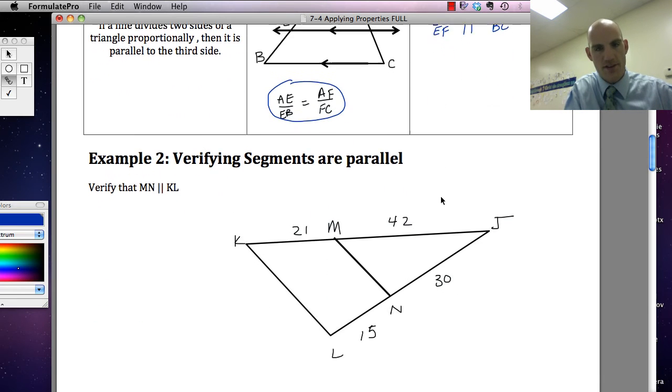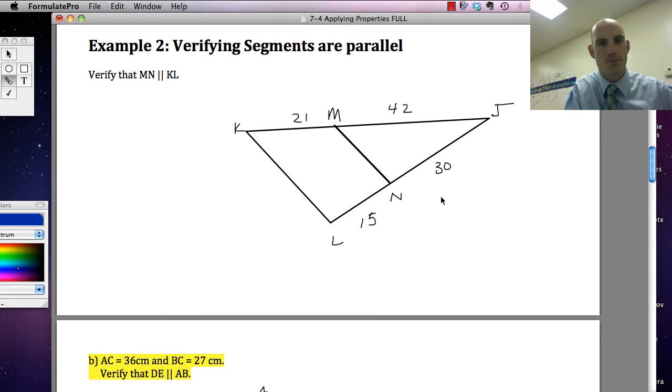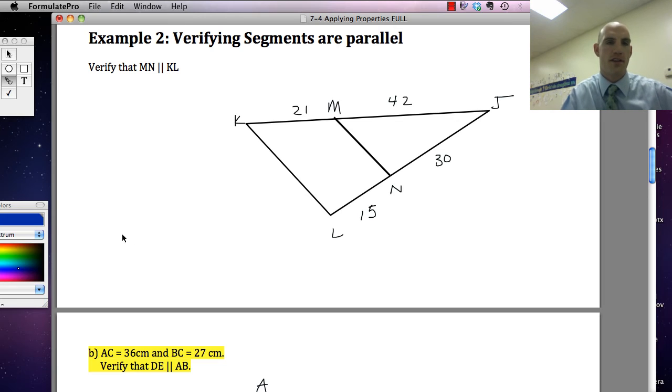Okay? So we're going to verify that segments are parallel in example 2. We're going to verify that these lines are parallel. And so I need to actually add this in. So I want to see if these two lines are parallel. So how am I going to do that? Well, I'm going to test the sides. So I'm going to say 42 over 21, and I'm going to put an equal sign and a question mark because that's what I'm testing.